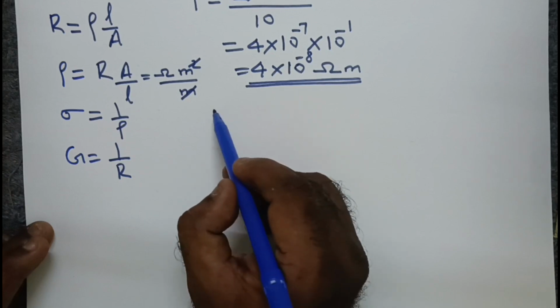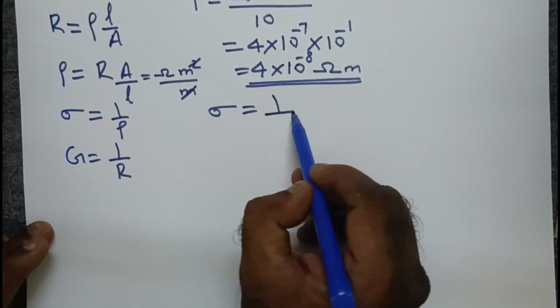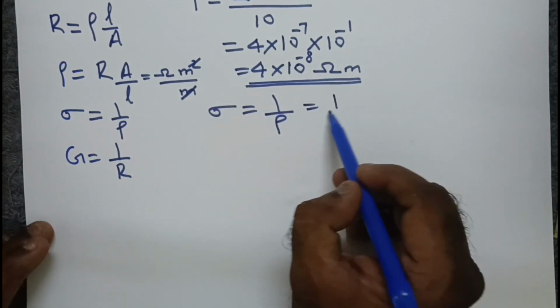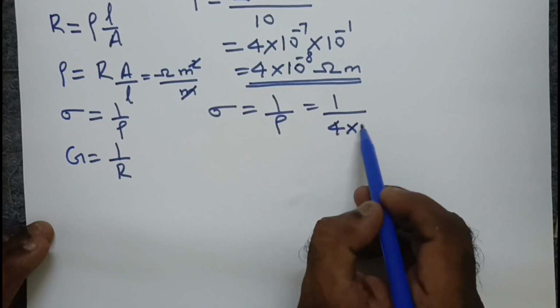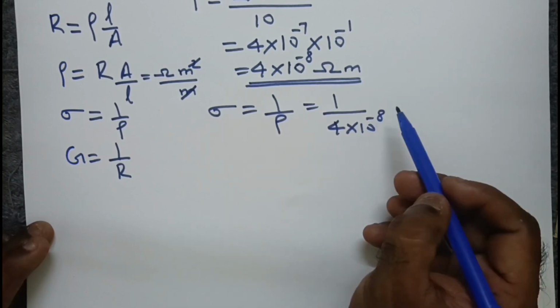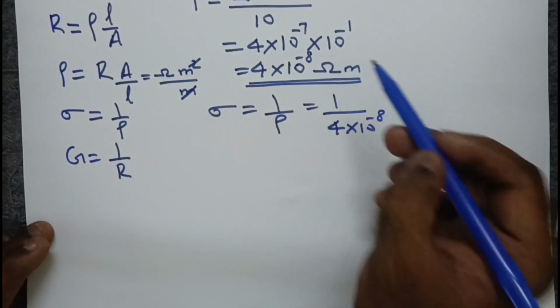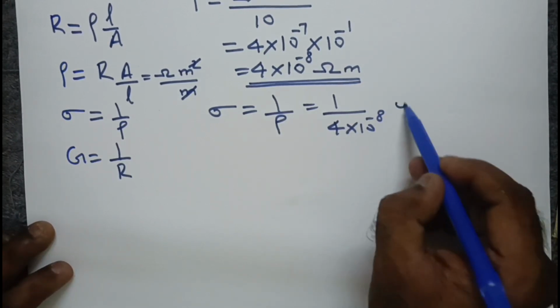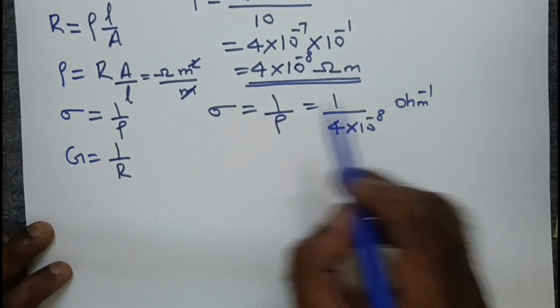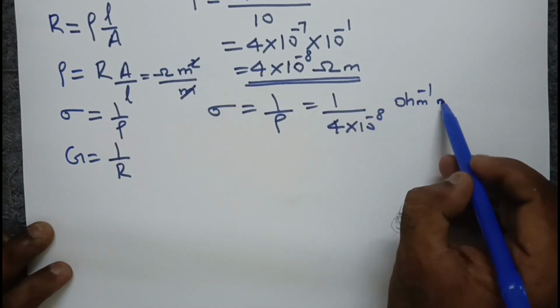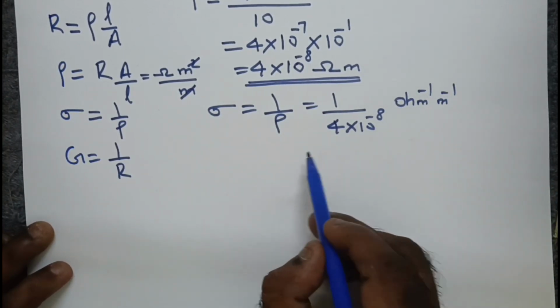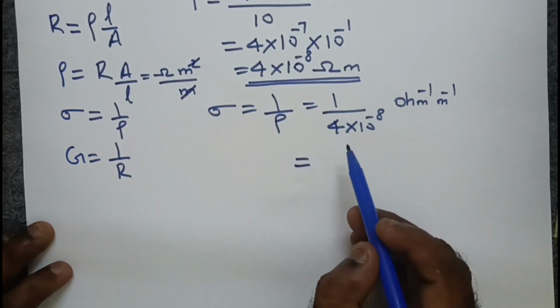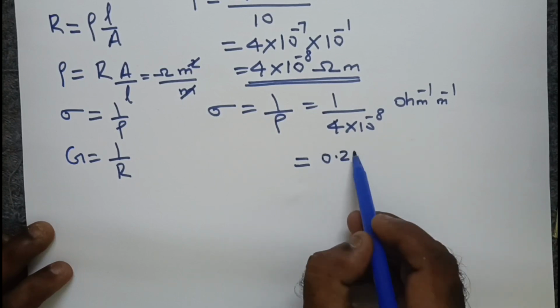Now what is conductivity? Sigma equals 1 by rho. That means 1 by 4 into 10 power minus 8. Now the unit also gets reversed, reciprocal. So ohm raised to minus 1 and meter raised to minus 1, right? So the value 1 by 4 is 0.25.